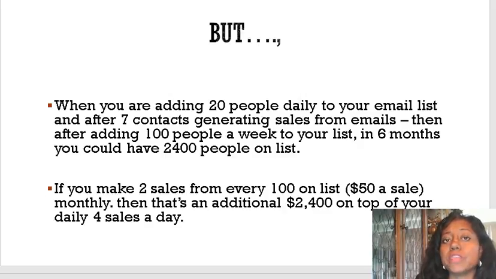With you adding 20 people daily, and generally it takes roughly 7 contacts with a person, those 20 people on your email list, once you have begun sending them emails and building rapport, and they're seeing your blog posts, and say every other day they're getting an email from you, well, after 7 contacts, if they're really interested in what you are offering, 9 times out of 10, a large portion of them will make a purchase from you.